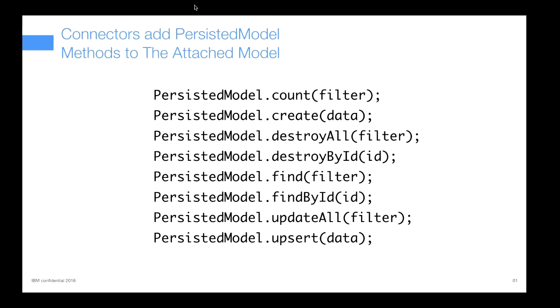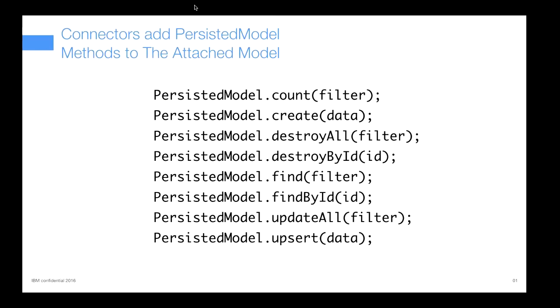For example, all of these methods, like count, which takes a filter. When you call the count method, it returns the number of records that match the filter that you provide. But the point here is that we have this interface called persisted model, and then each of these connectors, like the MongoDB connector and the MySQL connector, implement this interface for the given data source.